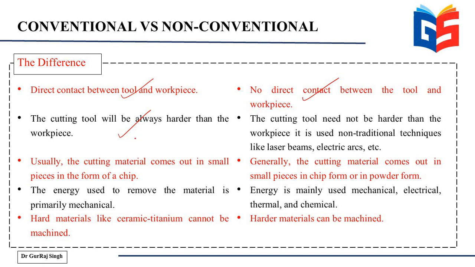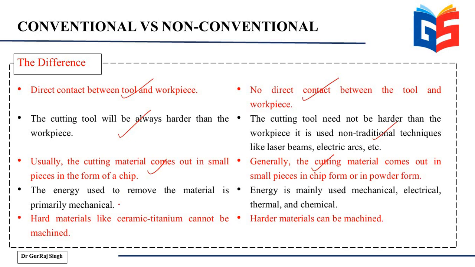But when you are using non-traditional methods, your cutting tool need not be harder. Rather, your cutting strategy is entirely different compared to the traditional methods. Then, the removed material comes out in small pieces in the form of chips. But in non-traditional methods, it generally comes out in powder form or very, very small pieces.